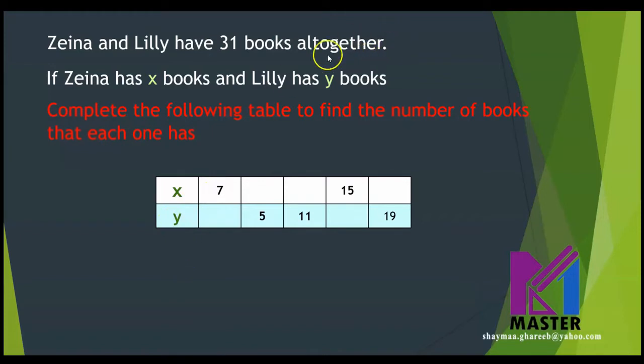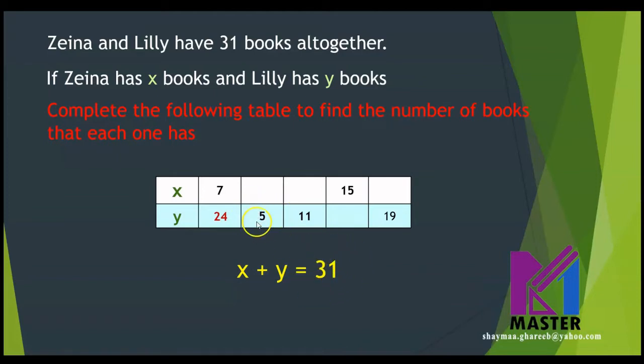In the question above, it says both of them have 31, which means X plus Y, or Zina plus Lily, equals 31. So X plus Y always equals 31. So 7 plus what gives 31? Of course, 7 plus 24. Or you can subtract the 7 from the 31.